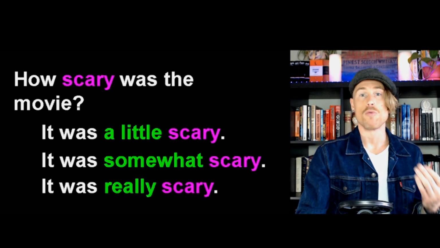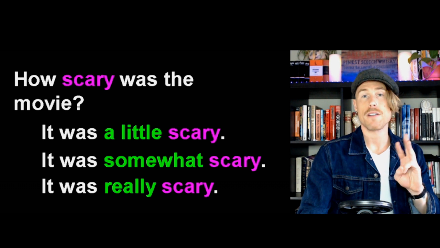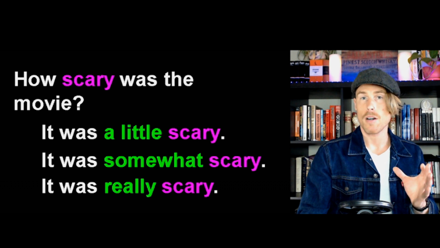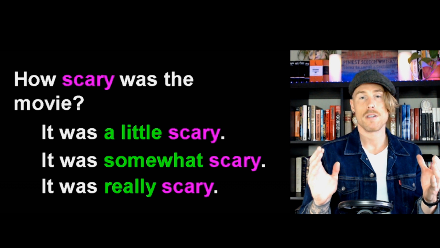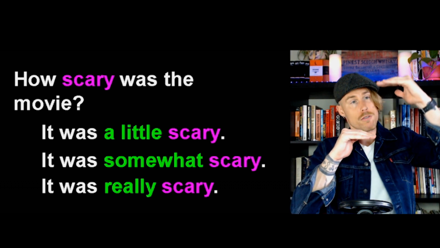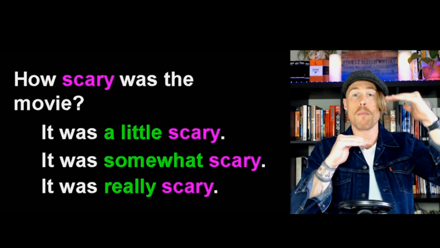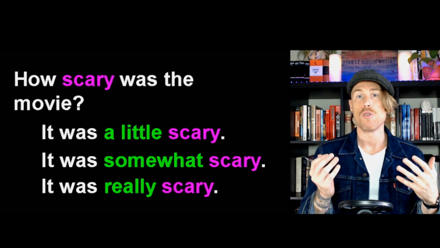It was really scary. Three different sentences, very similar, but the modifier changes the meaning from this much to this much. It gives us a lot more information about how scary the movie was.